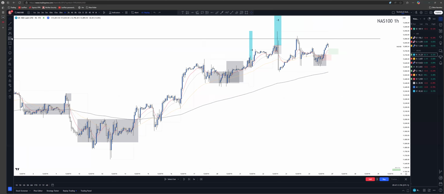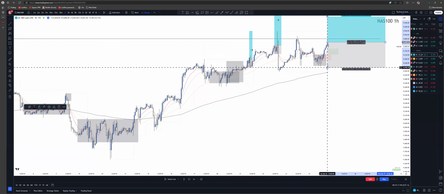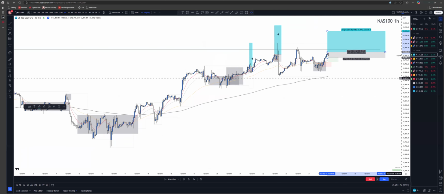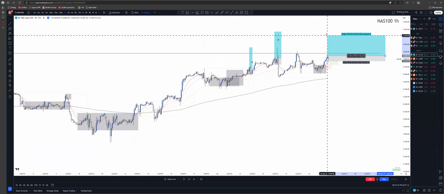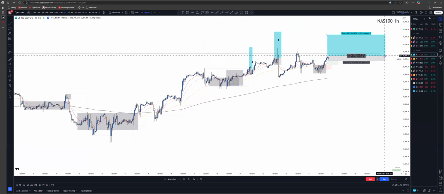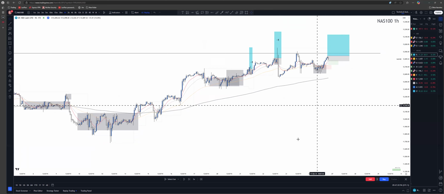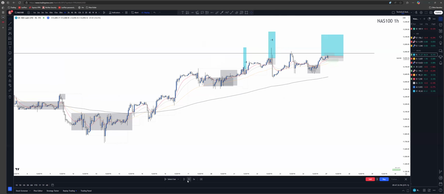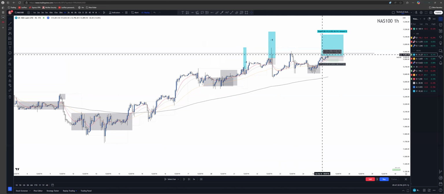Okay, so we have a sideways move from here, stop below the low, and we can look for our 4 to 1. I mean, 1 to 4. Fine. Get tapped in.